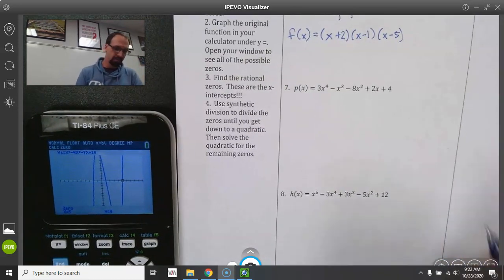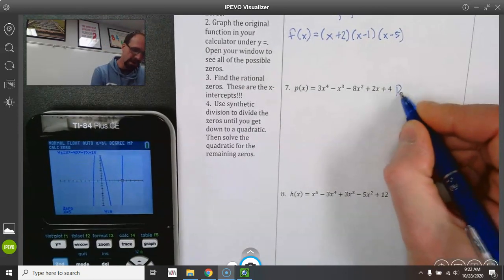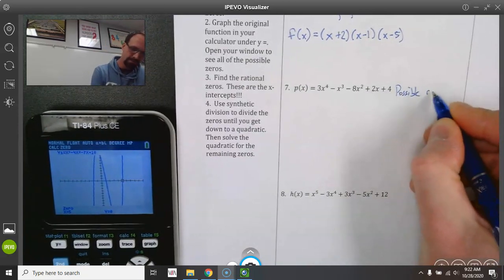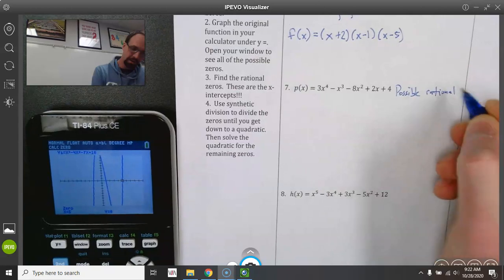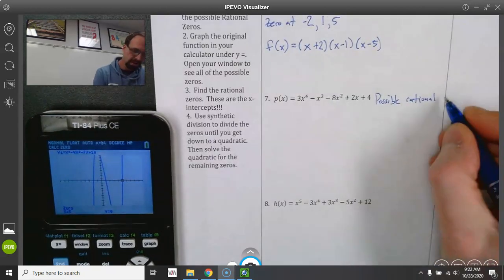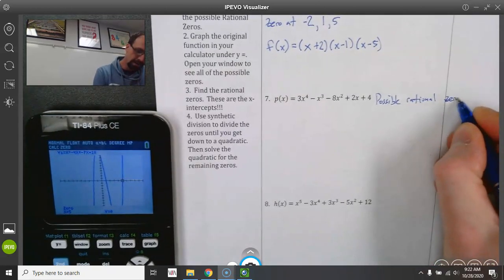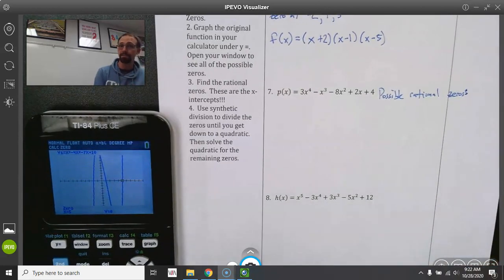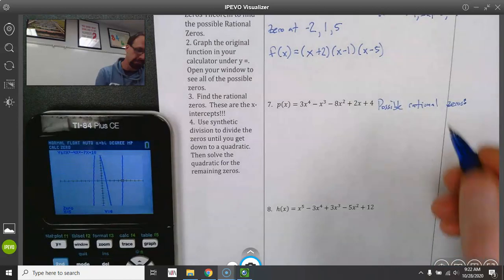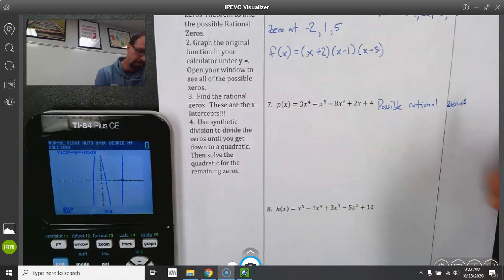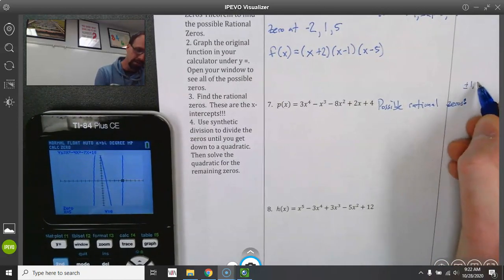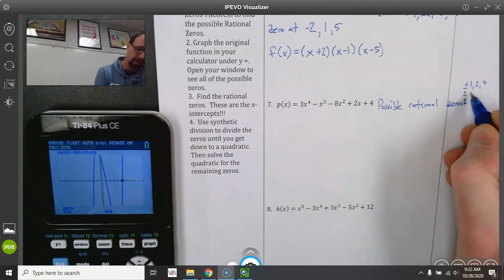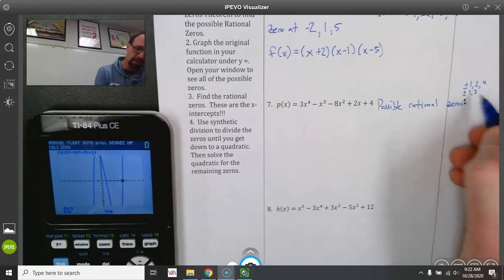For number 7, the possible rational zeros. Now we're going to see where this one brings in a little bit of diciness, because our leading coefficient this time is 3. So we're going to have the factors of 4 over the factors of 3. The factors of 4 are plus or minus 1, 2, 4, and the factors of 3 are 1 and 3.